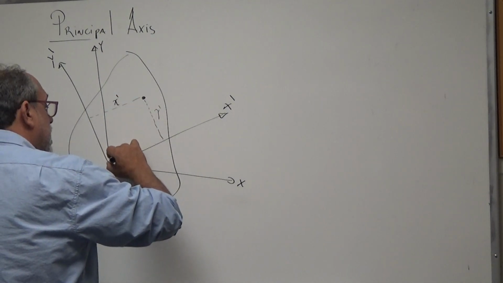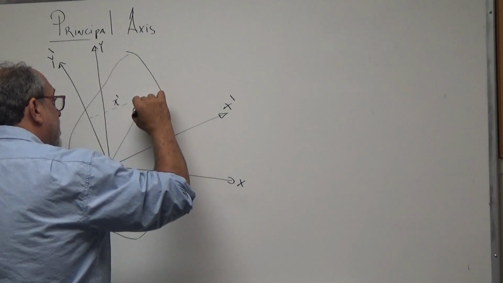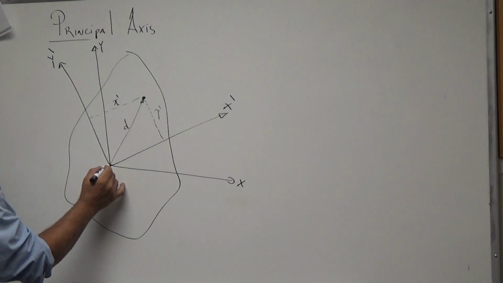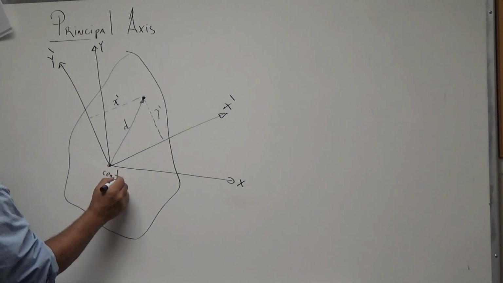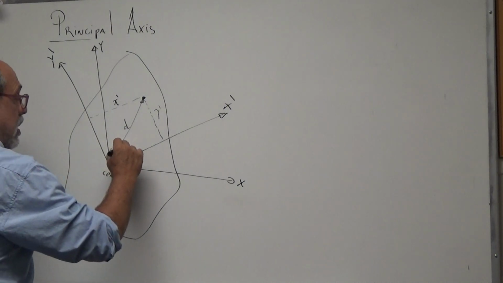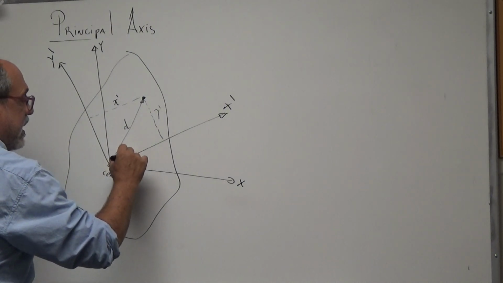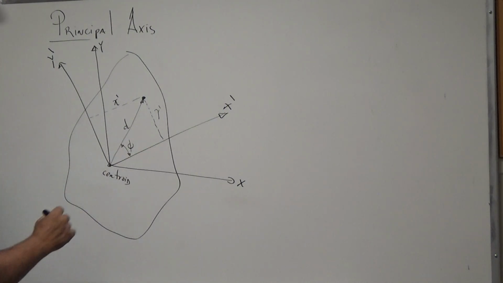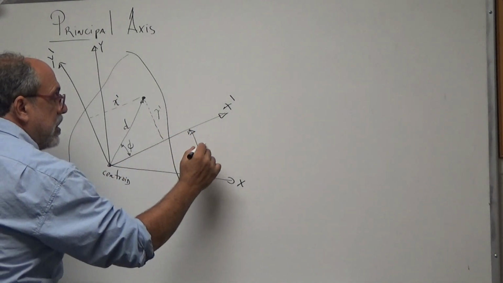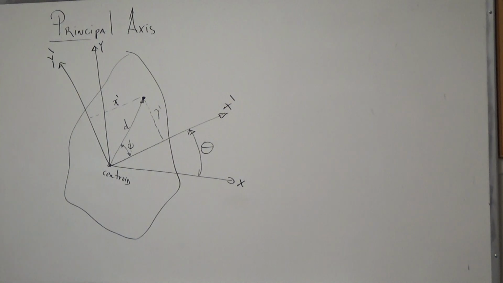That point is at a distance d from the origin, which is the centroid. So these are centroidal axes. And the angle with the rotated set is phi, while the rotation of the set with respect to the original is theta.